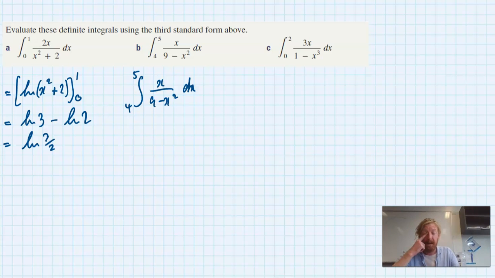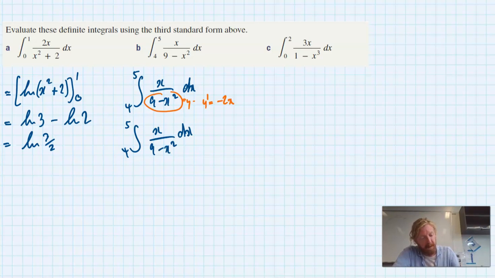I want a minus 2x on top because the derivative of the bottom there is, if that's y, then y dash equals minus 2x. So I'll write it out again just so we're not messy on the video, well, not too messy. I want a minus 2x up top.